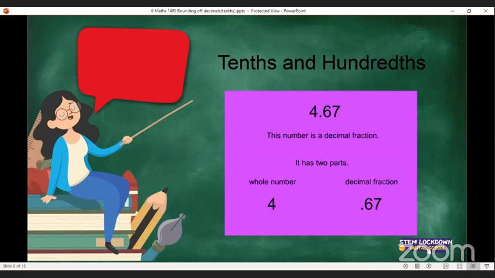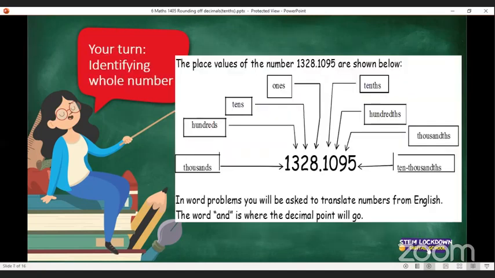It will be a mixed fraction. We'll have a whole number, which is 4, and we'll have 67/100. And remember, we said that the numbers after the point represent the decimal fraction. Okay. Move on to our next slide.